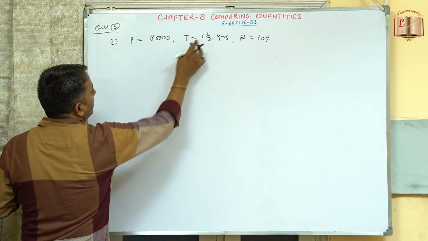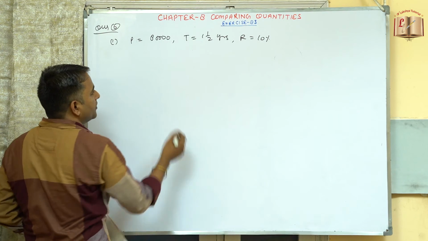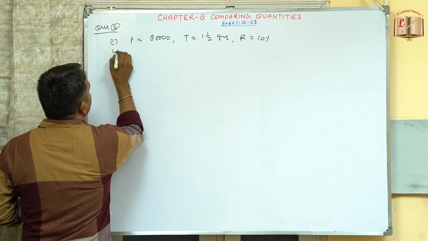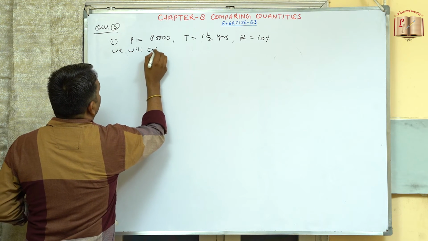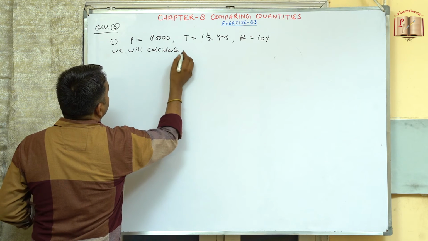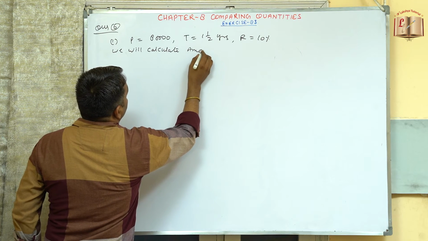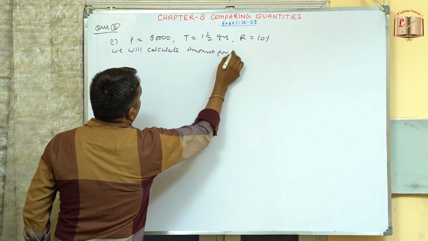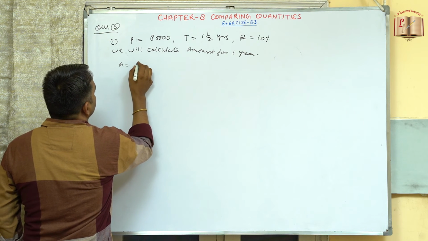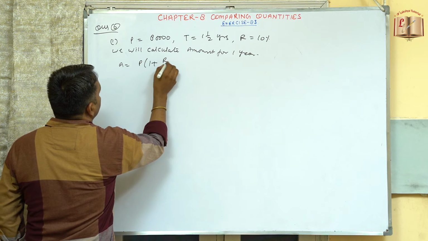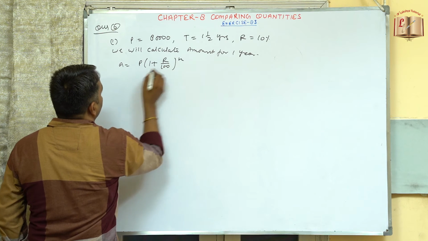So first of all we will calculate for the 1 year, then after half year. So first we will calculate the amount for 1 year. So A will be equal to P times (1 plus R by 100) to the power n.